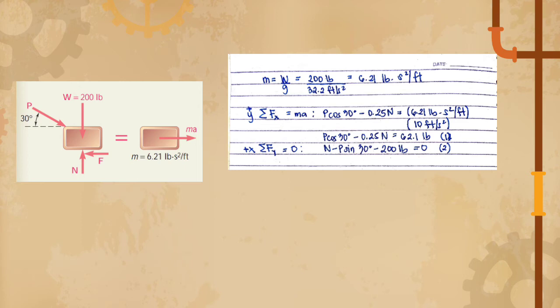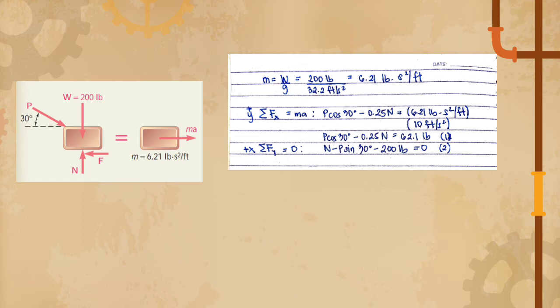We note that F is equal to mu sub k times N is equal to 0.25 N and that a is equal to 10 feet per second squared, expressing that the forces acting on the block are equivalent to the vector ma. Then we get the following equations 1 and 2.